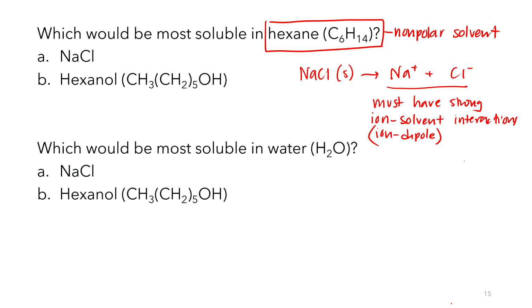It's nonpolar. All those carbon-carbon, carbon-hydrogen bonds, those are nonpolar. And so it only experiences dispersion forces. In other words, what I could write about this is that delta H mix, while it's negative, is not negative enough to drive this process. Hexanol, yes, it has this alcohol, but it's got a big long tail that's nonpolar.